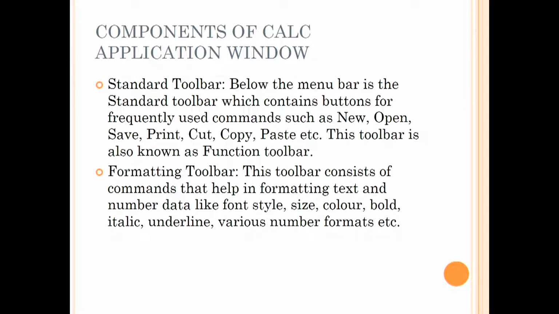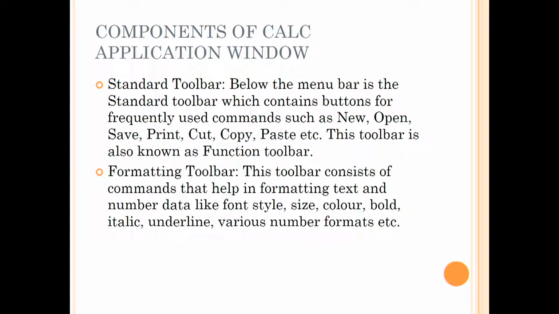Next is the standard toolbar, which is found below the menu bar. It contains buttons for frequently used commands such as new, open, save, print, cut, copy, paste, etc. This toolbar is also known as the function toolbar.